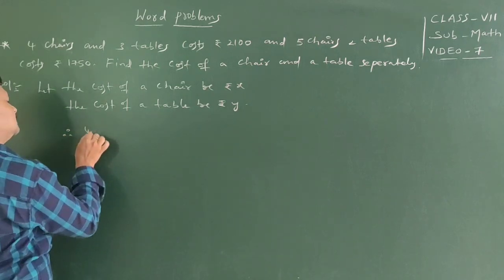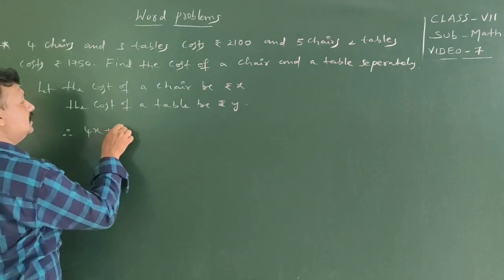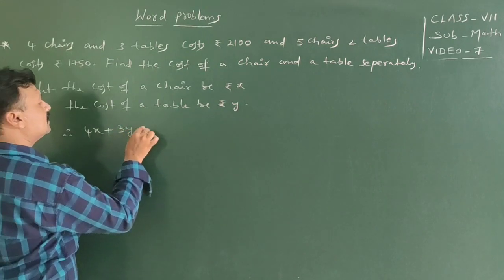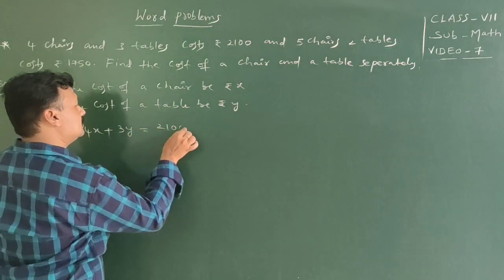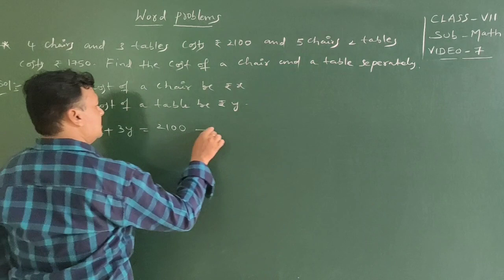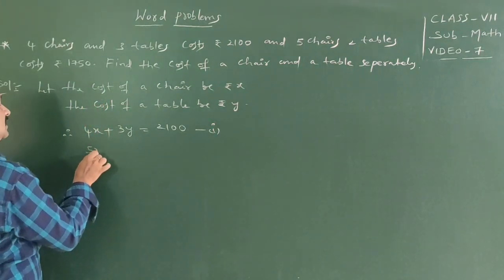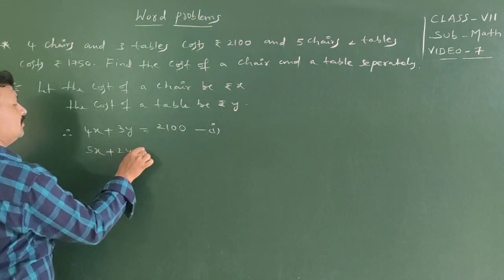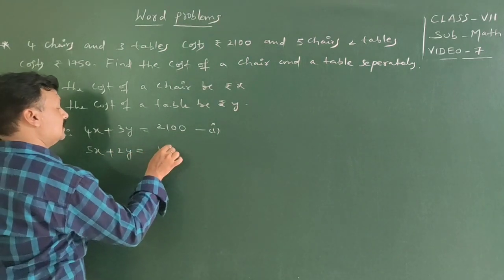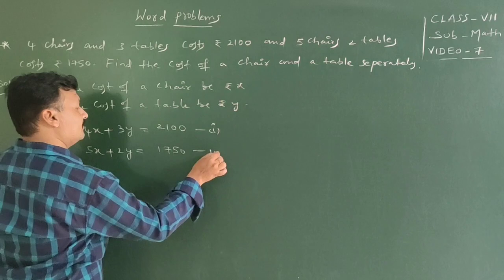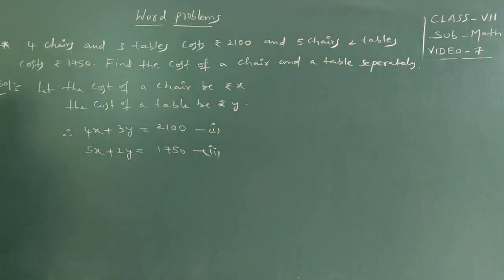Therefore, here four chairs, three tables cost 2,100 rupees. Be the first equation. Here five chairs, two tables cost 1,750. Be the second equation.